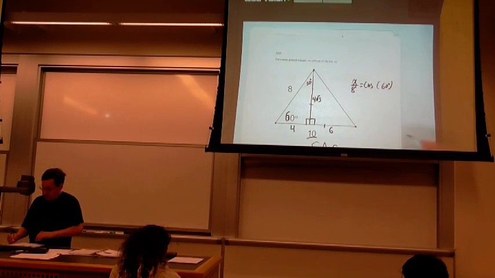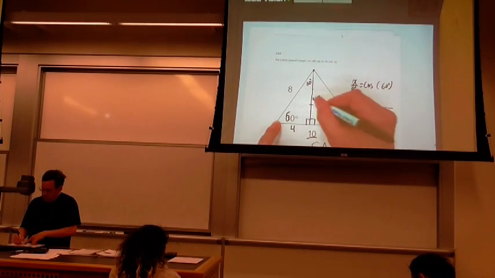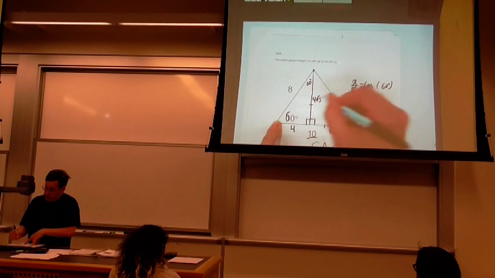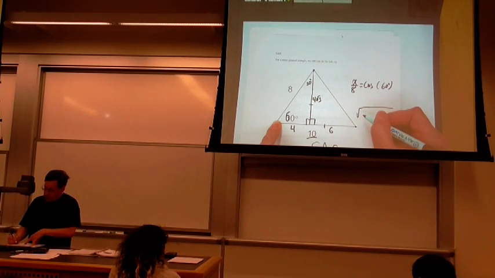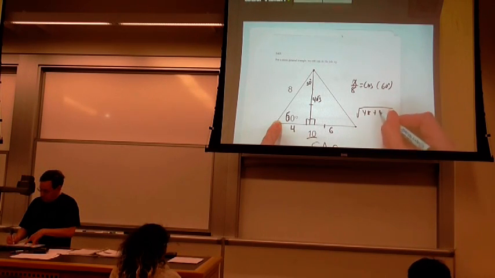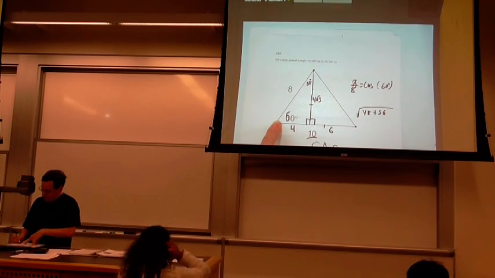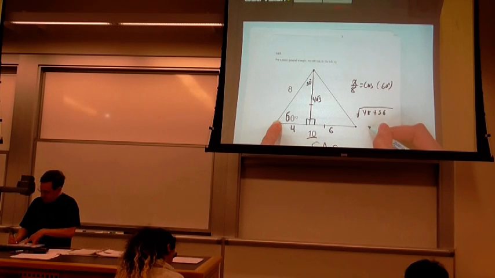Pythagorean theorem, right? So we're going to take the square root of 4 times the square root of 3 squared, which is 16 times 3, or 48, plus 36. That's the square root of 84.